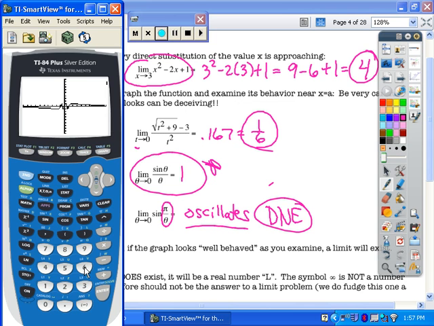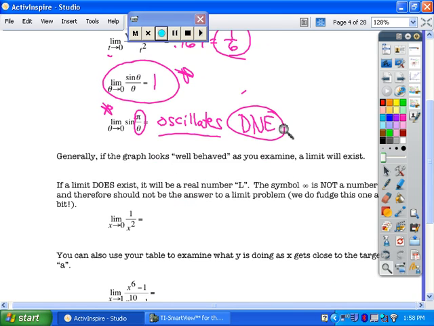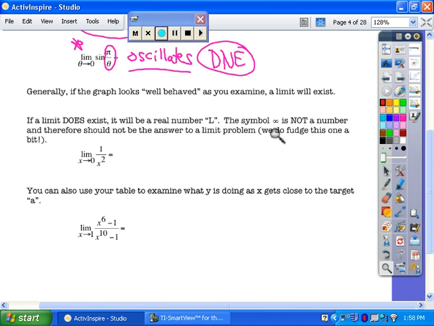As you zoom in more and more, you think you're going to get closer and closer to the limit, but really it just gets more chaotic and doesn't approach anything. So you've got to watch out for periodic functions, sine or cosine, that do something else with the angle themselves. Generally, if the graph looks well behaved as you examine it, a limit will exist. Sometimes there won't be, though.